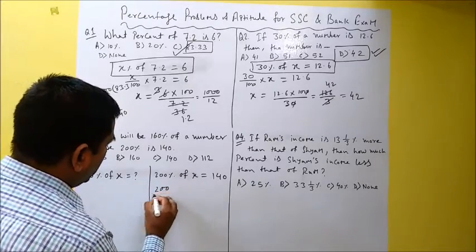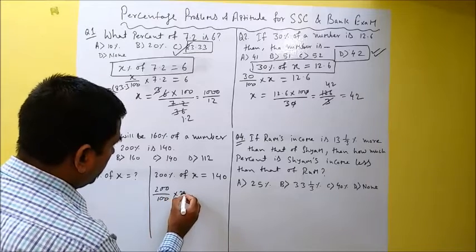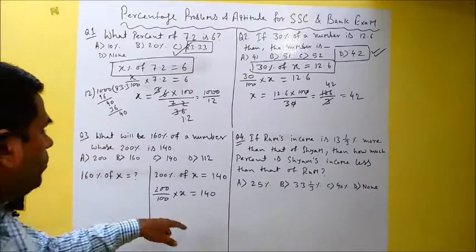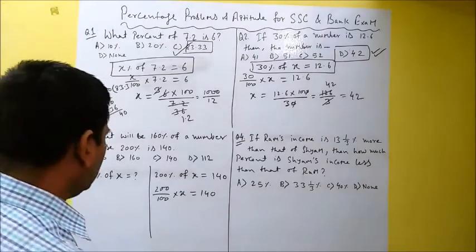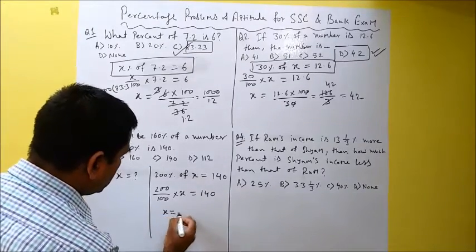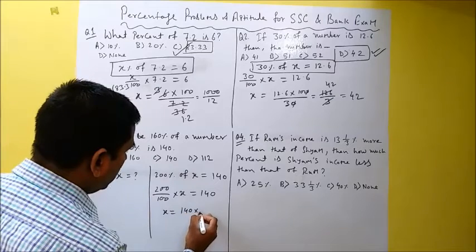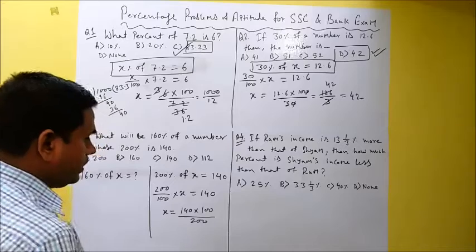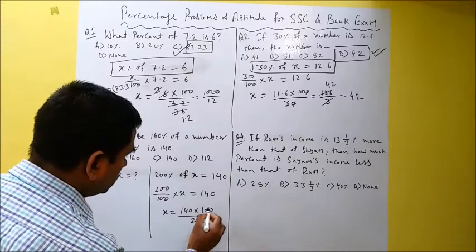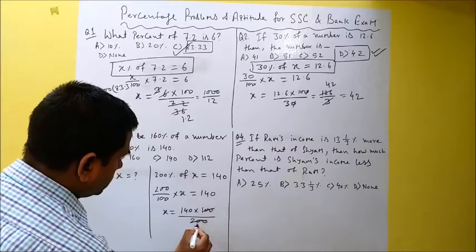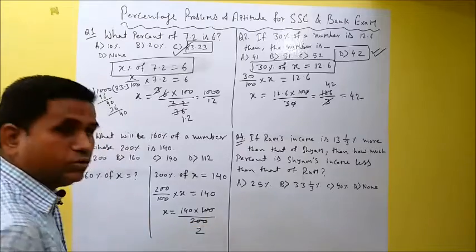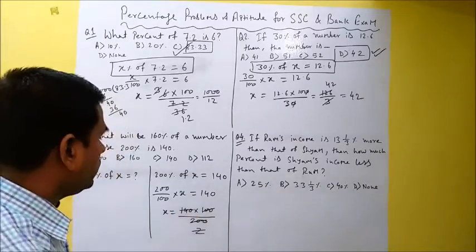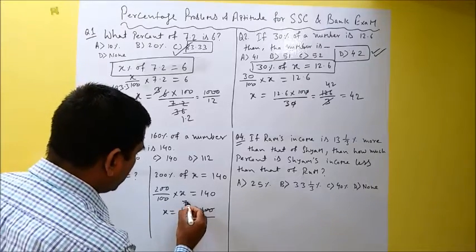So 200 upon 100 into x is equal to 140. This is a little lengthy, but the numbers which they have given are very easy to calculate. So x is equal to 140 into 100 upon 200. That means we can cancel it like this. 100 2s are 200, and then this 2 will cancel 140, which will become 70.